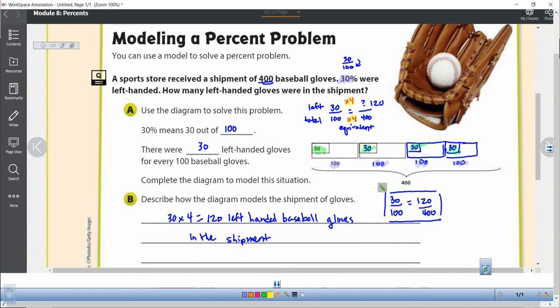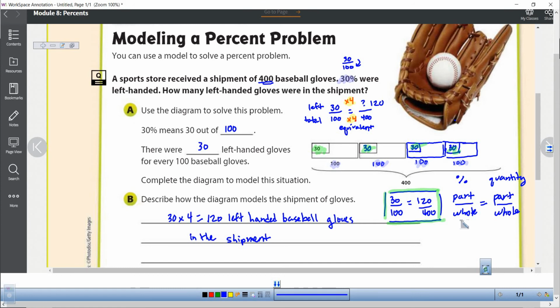Our goal is to create this true proportion. We're going to be talking about the part over the whole equals the part over the whole. And one of those ratios is going to be the percent ratio, and the other ratio is going to be the quantity ratio.